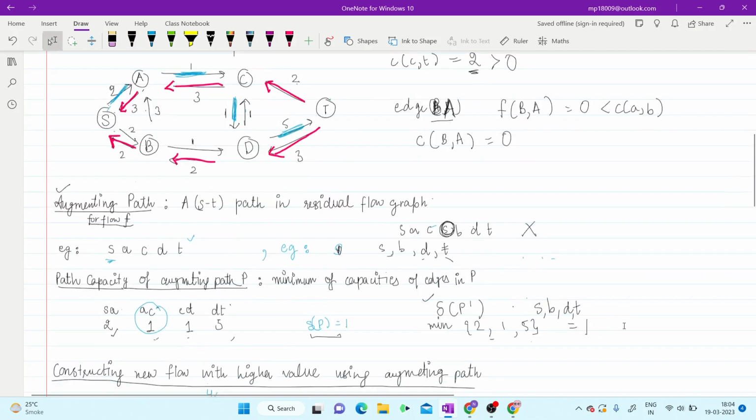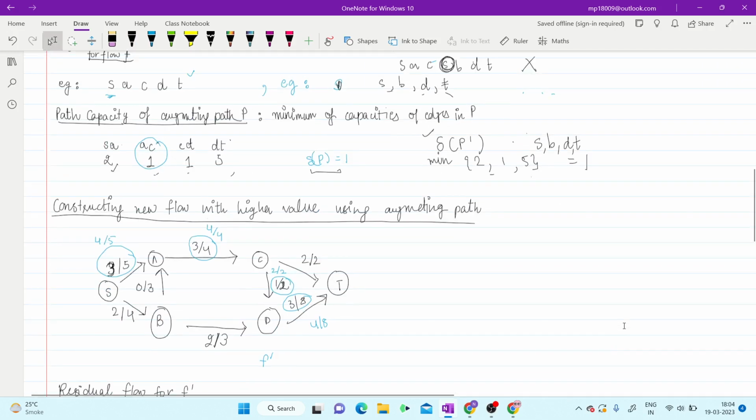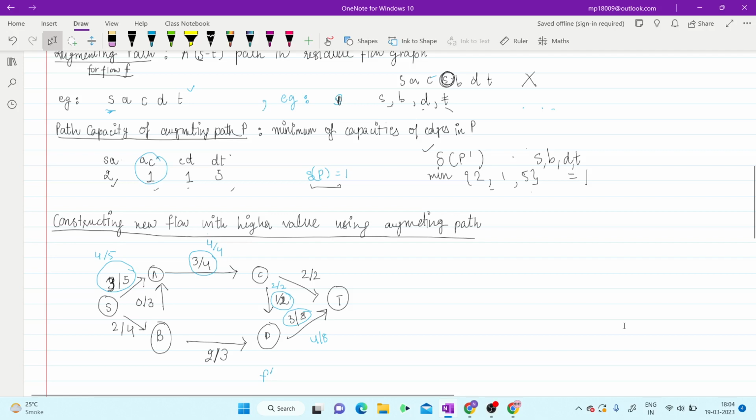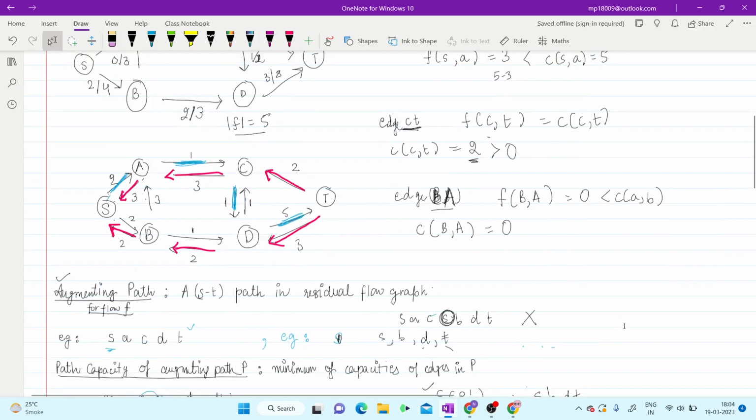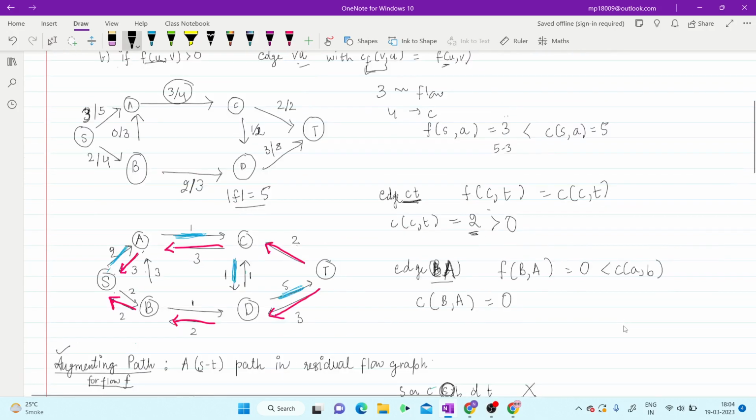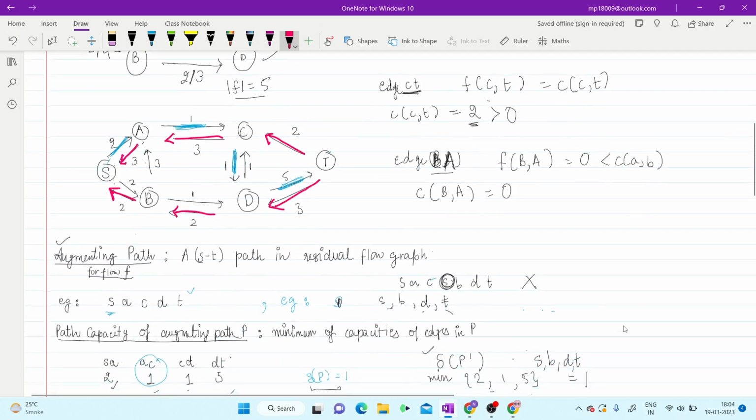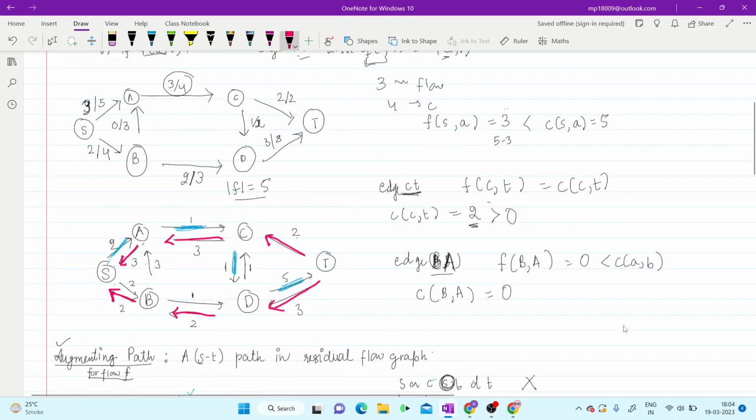So how do we construct the new flow? Basically we had this augmenting path. The first path was SACDT, and the path capacity was 1.